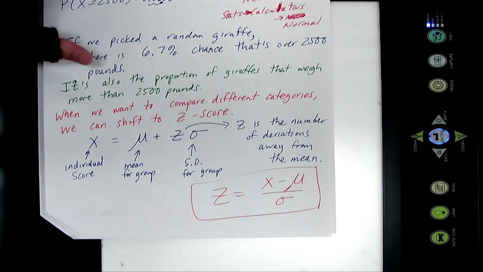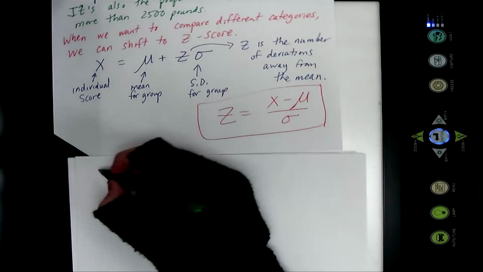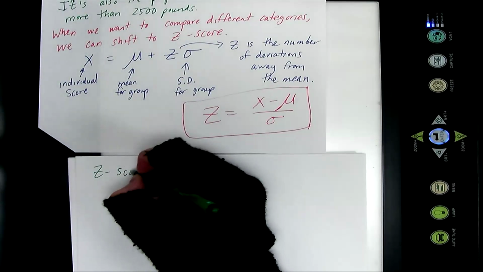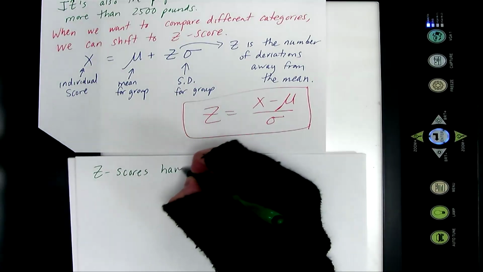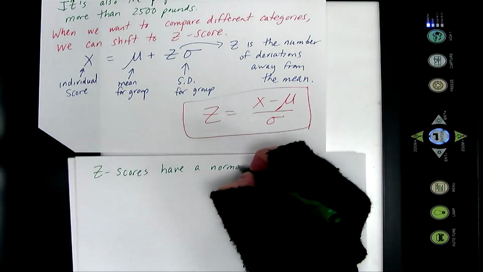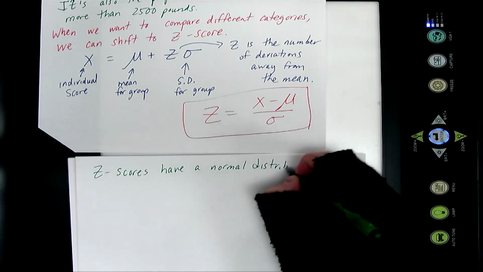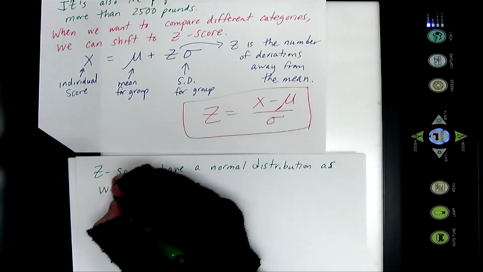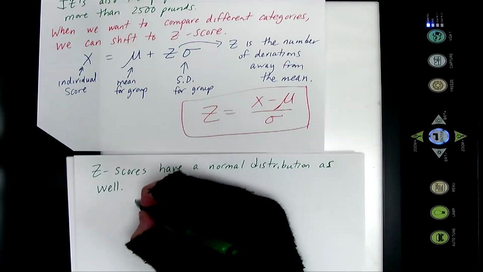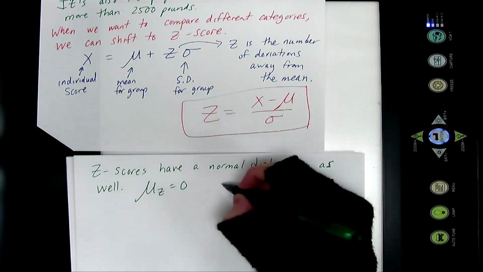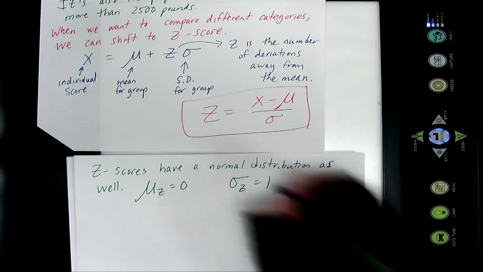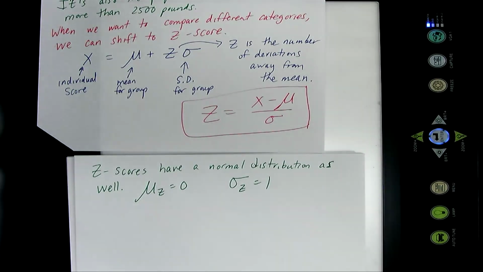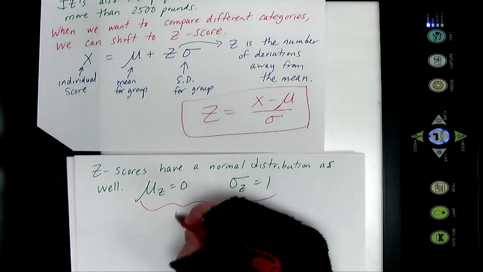So if you want to compare z-scores, the z-scores have a normal distribution as well. It turns out the mu of z is 0 and the standard deviation of z is 1, which were the default settings in StatCrunch.